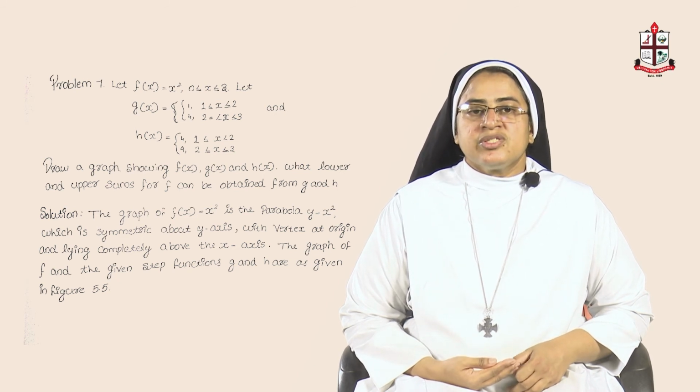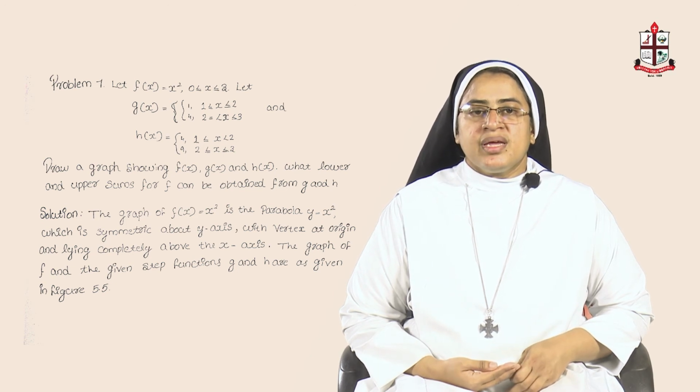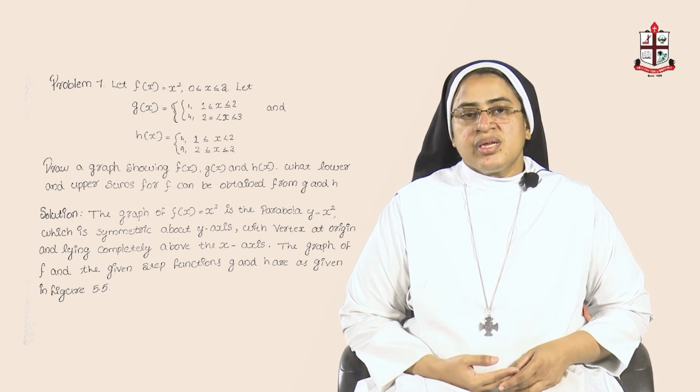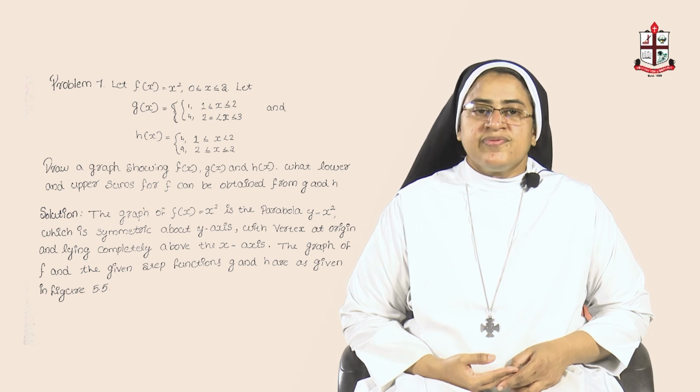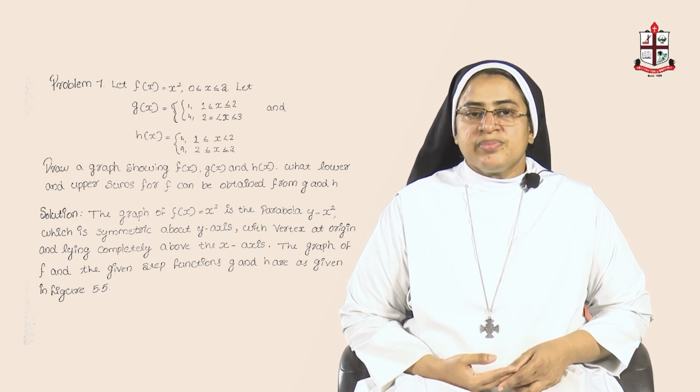So, how can you draw the graph of these three functions f of x, g of x, h of x, and how will you find the lower and upper sums for the function which is obtained from the graph?